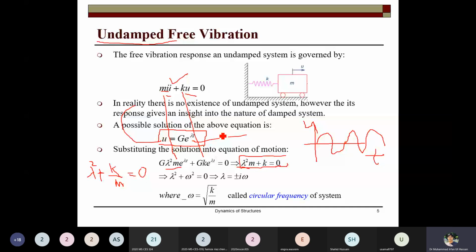So this implies that the unknown roots are lambda equal to plus minus i omega, because when you take the square root, lambda square is minus omega square.